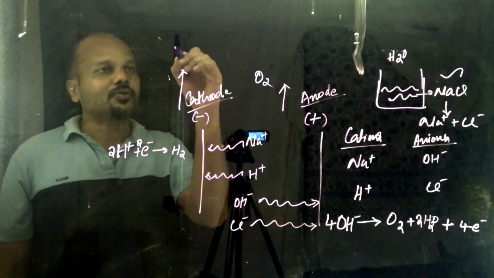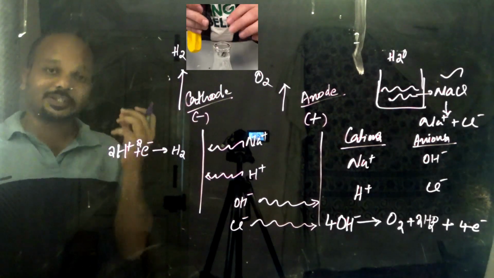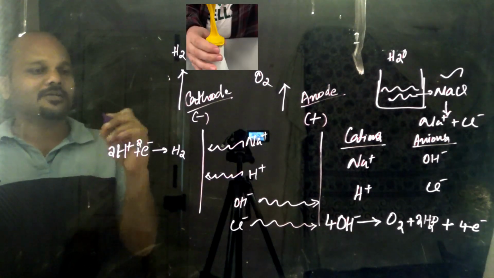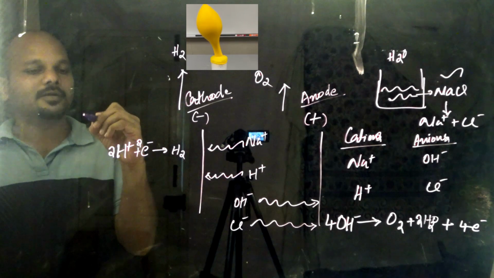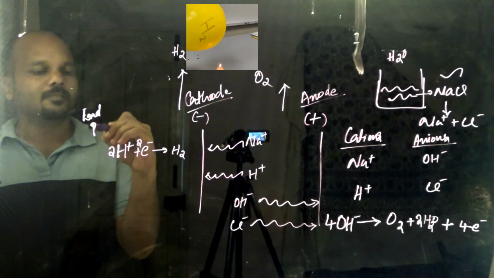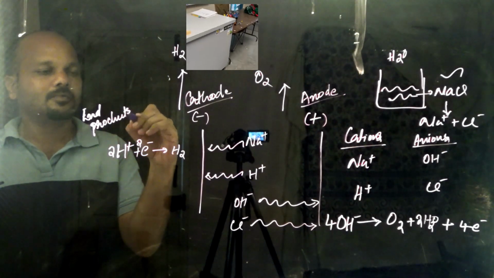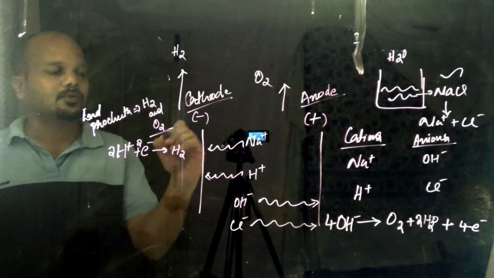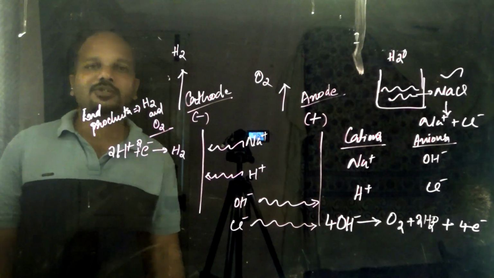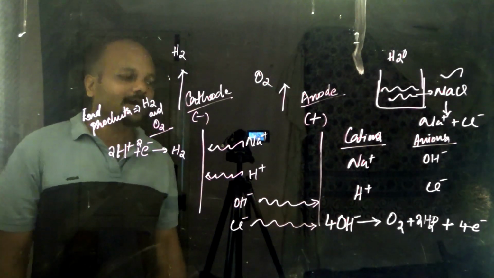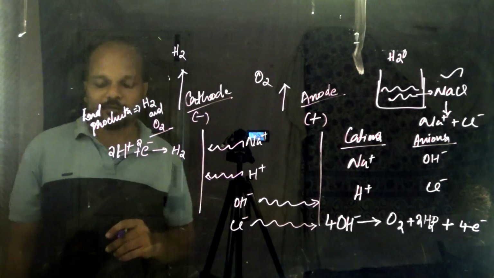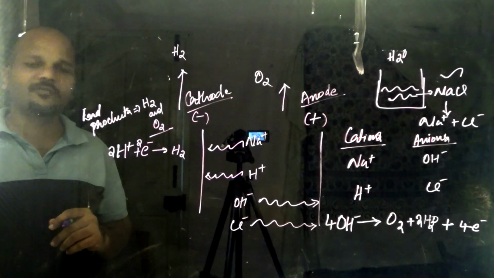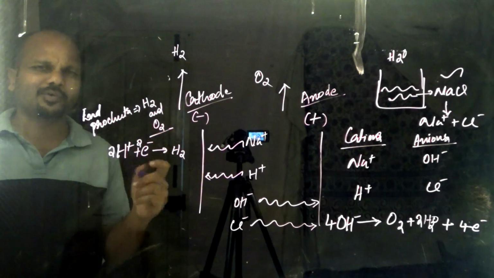Through the cathode, the hydrogen gas, which is explosive, will be released. So the end products are nothing but hydrogen and oxygen, and these are the end products of electrolysis of dilute sodium chloride.